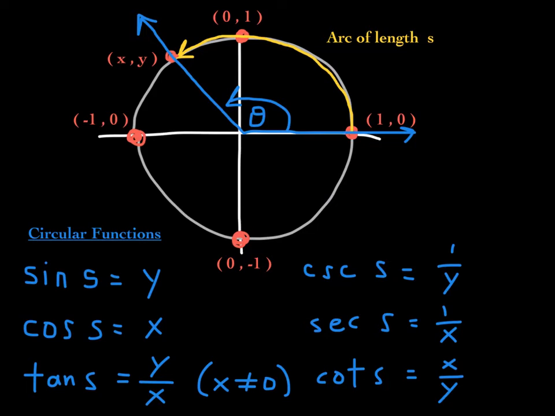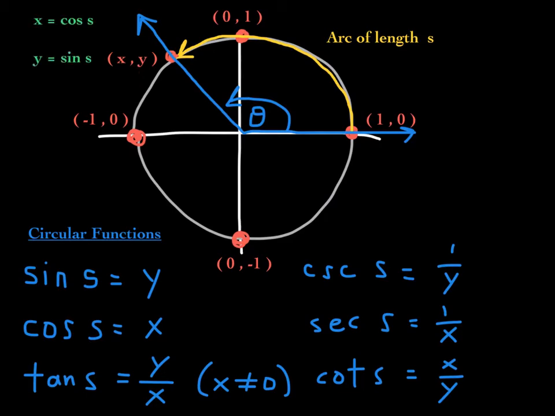Now, before we move on, I want to draw the connection here. Y is sine of s, and x is cosine of s. So when you come over here to this point, which has coordinates x comma y, we can now rewrite these coordinates as cosine of s comma sine of s. Remember, x represents cosine of s. It's right here. So replace x with cosine of s and replace y with sine of s.